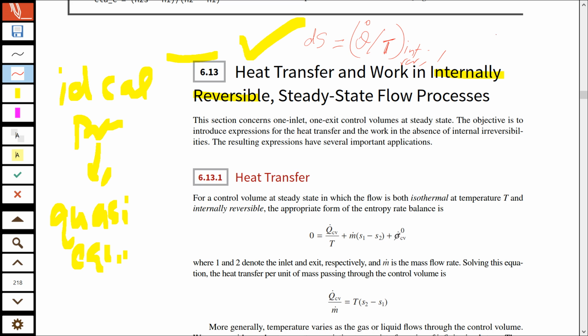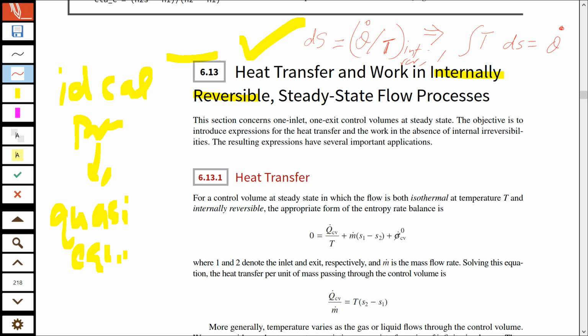Similarly, work transfer was also something related to, and if you remember, this had a consequence. If you multiply that ds by T, and then you integrate this, you should get the heat transfer rate.